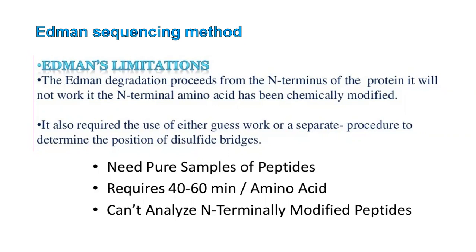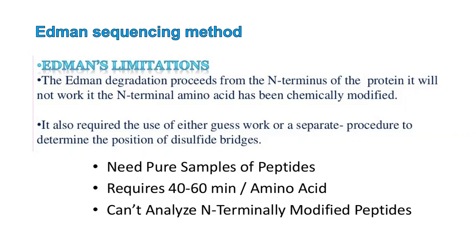So in such cases, this process may not work. So in such cases, we might have to take C-terminal reading for understanding the sequence of that particular protein. So it also requires the use of a separate procedure to determine the position of the disulfide bridges as well. We may not be able to pinpoint where exactly the disulfide bridges are present. So that is again a problem with the Edman sequencing method.